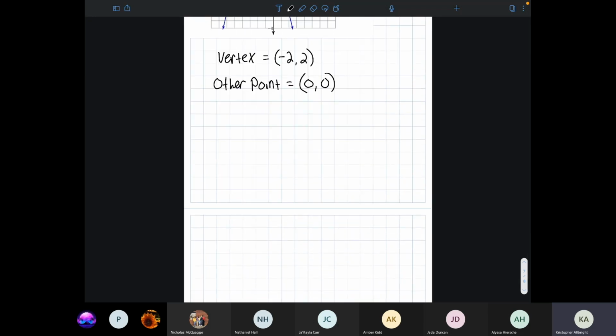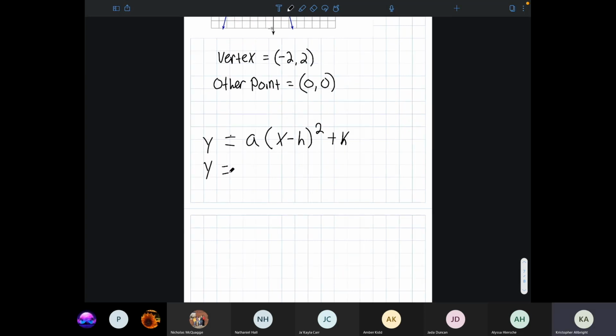Okay, so if we write this out again, we have y equals a (x minus h) squared plus k. Nope, it's x minus h, I believe. Squared plus k. Okay, so we can plug our vertex in for sure.